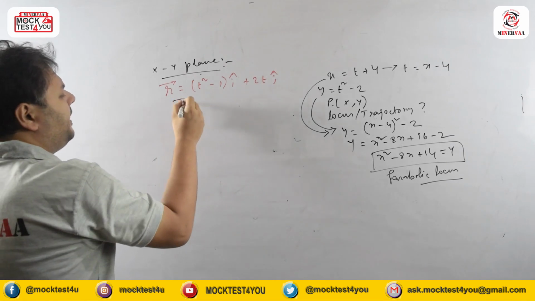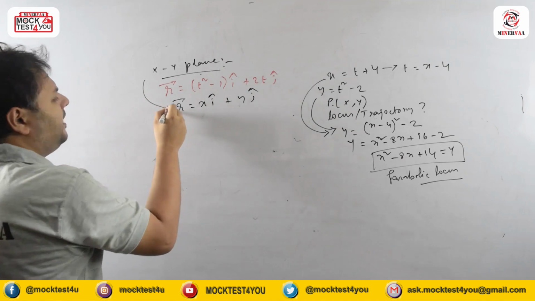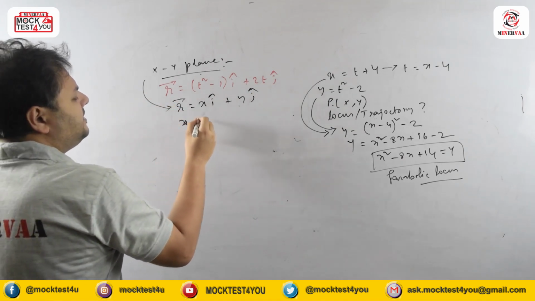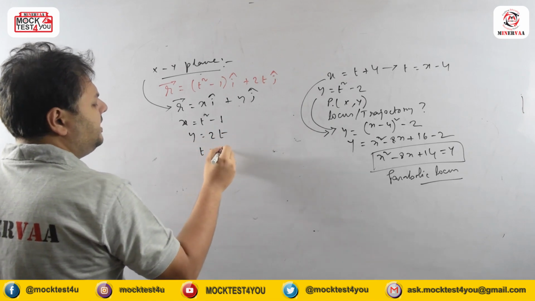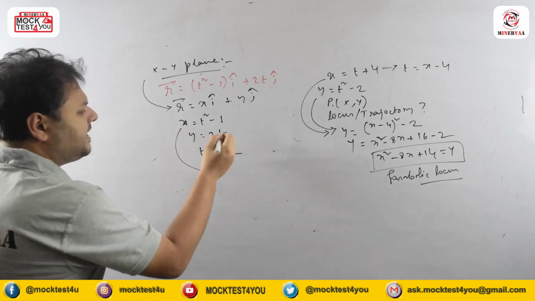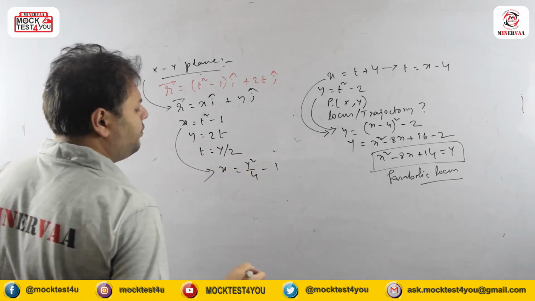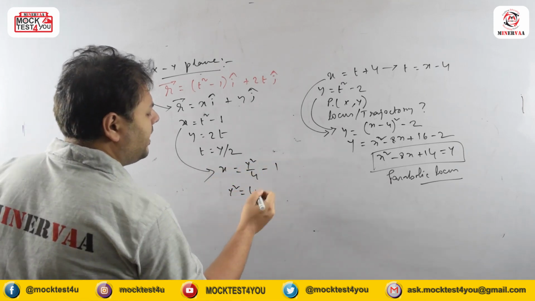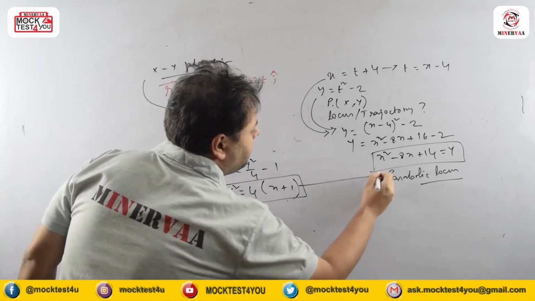So we can compare this with x i cap plus y j cap in the xy plane. So x becomes t square minus 1 and y becomes 2t. So t is actually y by 2, which I can put here. So x will become y square by 4 minus 1. So y square equals 4 into x plus 1, which is again a parabolic locus.